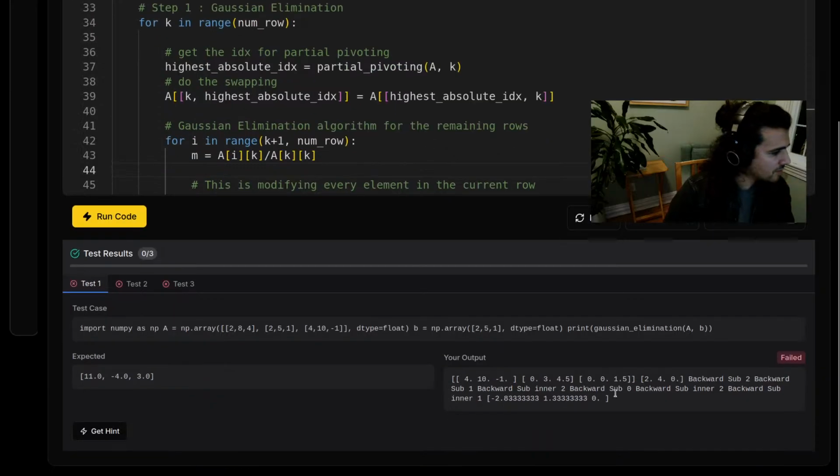Well, yes, the middle one also is messed up. This one's also messed up. Yeah, that's not computing well here. Okay.